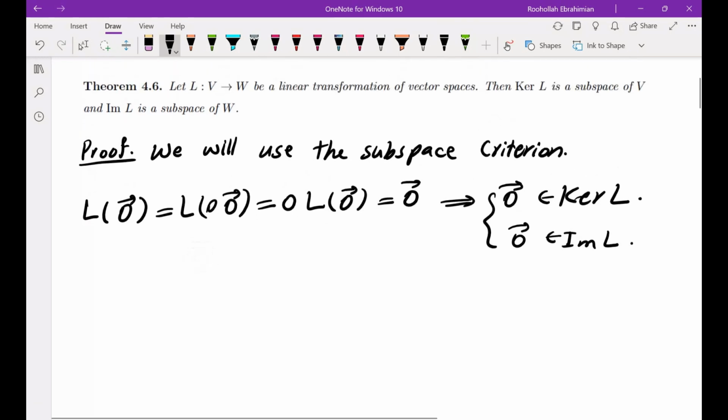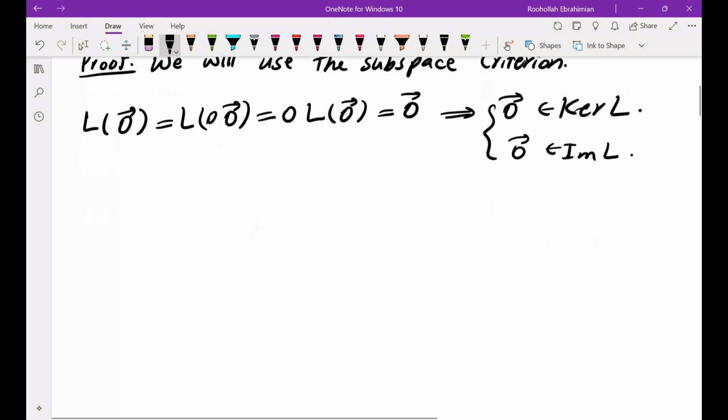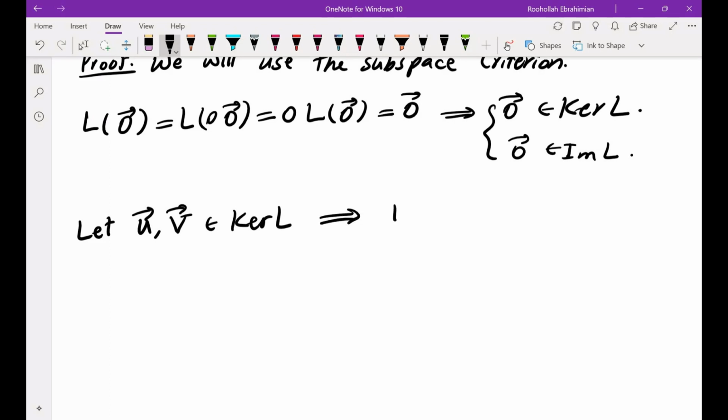Now we will take two vectors in the kernel and show that the sum is also in the kernel, and then we will also show that the kernel is closed under scalar multiplication. So let U and V be in the kernel of L. By definition, L of U and L of V must be 0.